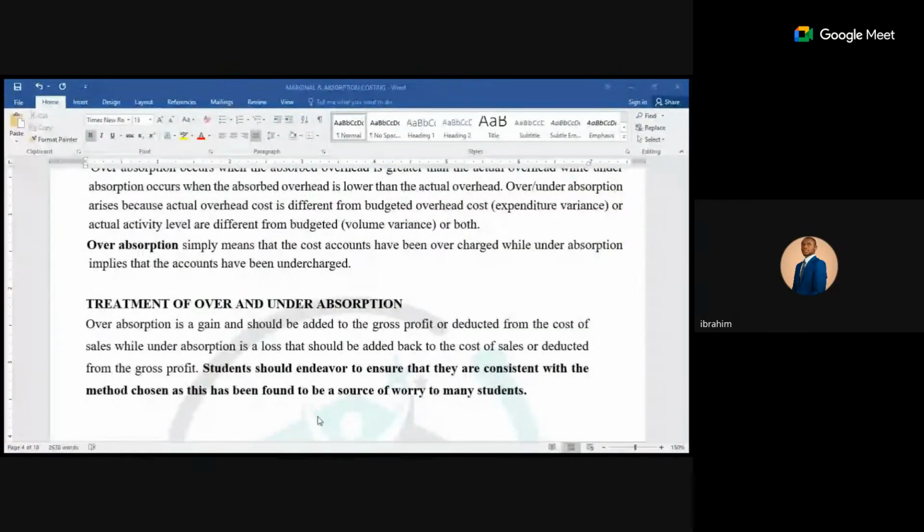And someone who uses a water heater and all the electrical appliances is given the same fee that I paid. Can you see that you are overcharging me and undercharging that person, which is not supposed to be like that? And that is the reason why activity-based costing came into existence.